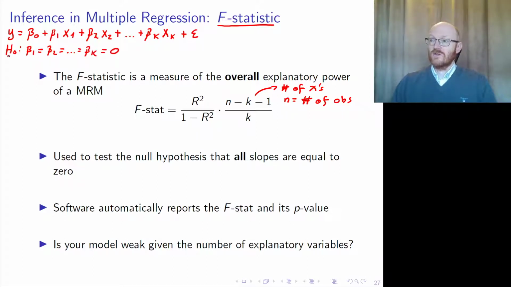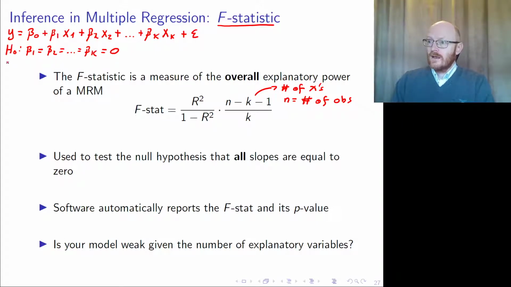So the null hypothesis is that all slopes are equal to 0, or not statistically different from 0, and in that case, you can use the intercept as your model.